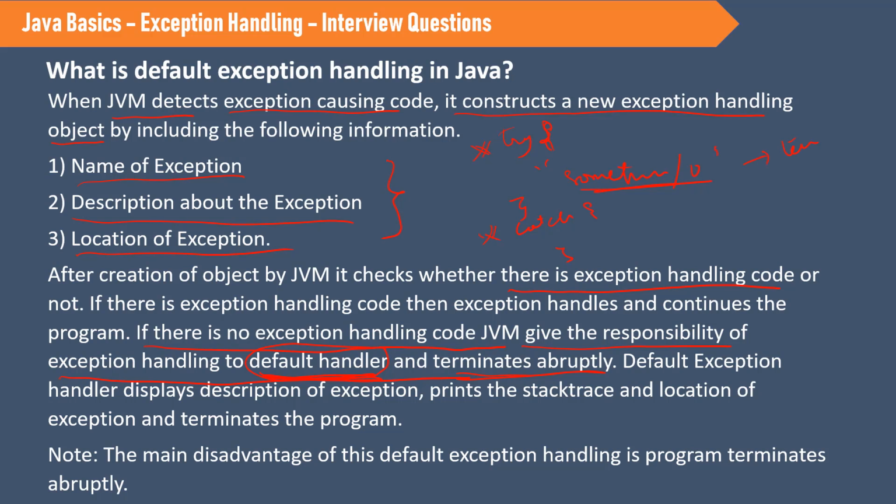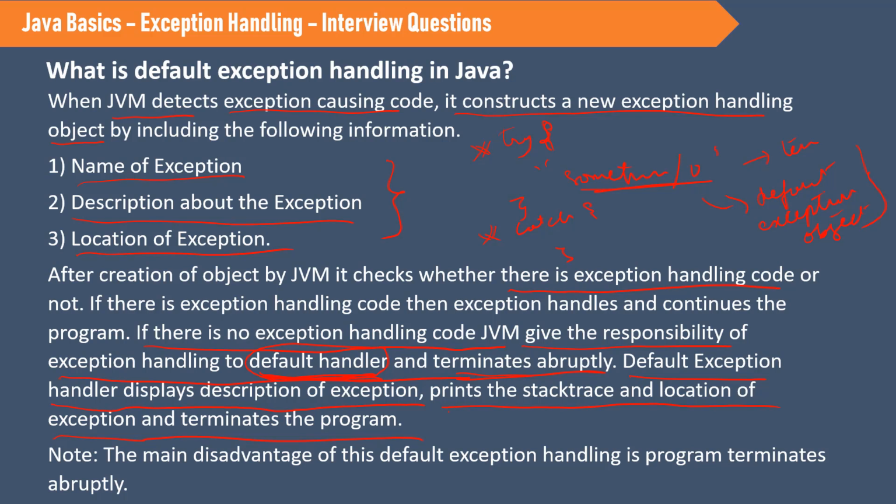If it doesn't find a try catch block, then it gives the responsibility of the exception handling to the default exception object that it has created. The default exception handler displays the description of the exception, prints the stack trace and location of the exception, and terminates the program.